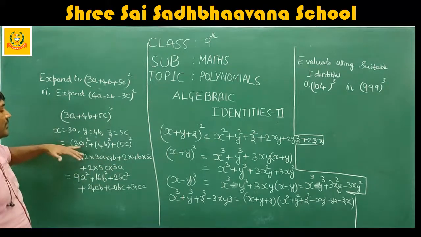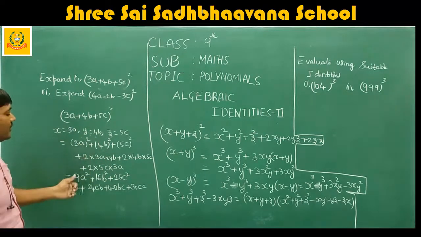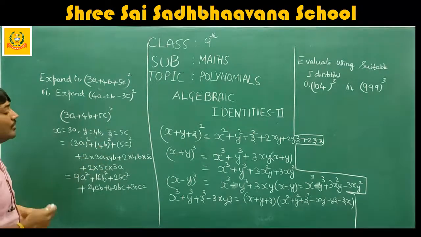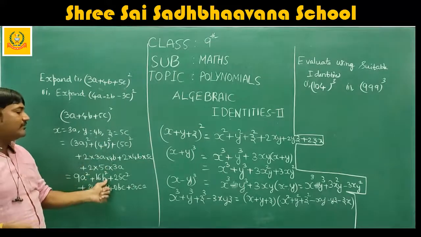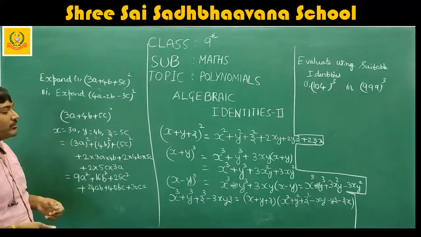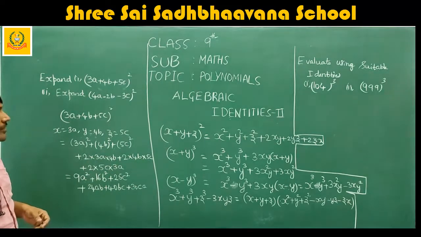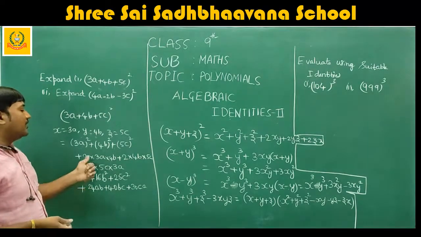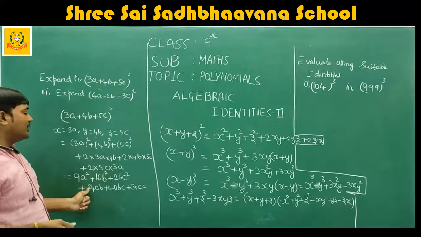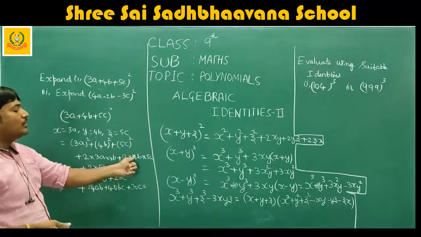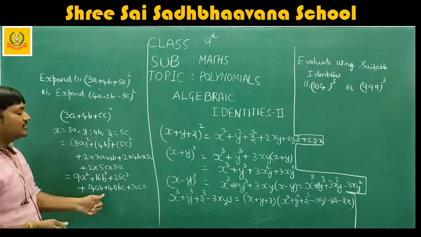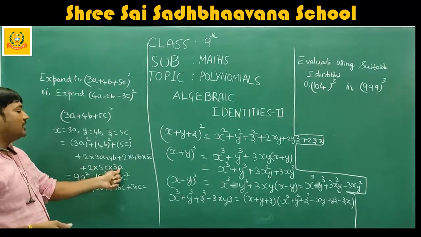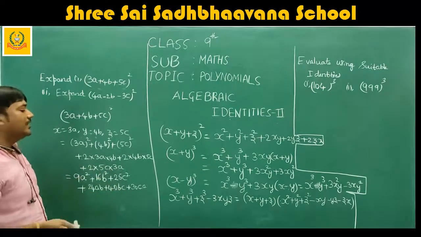Afterwards, I just simplified. (3a) whole square is 9a square, plus (4b) whole square is 16b square, plus (5c) whole square is 25c square, plus 2 into 3 into 4, which is 24ab, plus 2 into 5 into 4, which is 40bc, plus 2 into 5 into 3, which is 30ac.